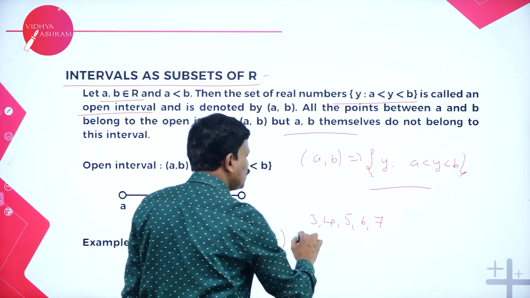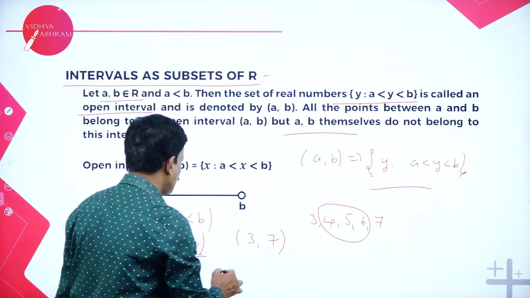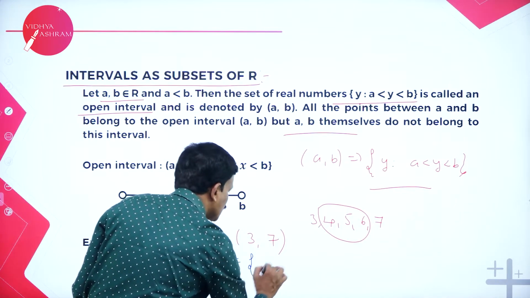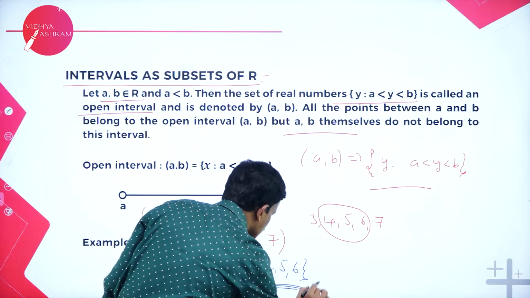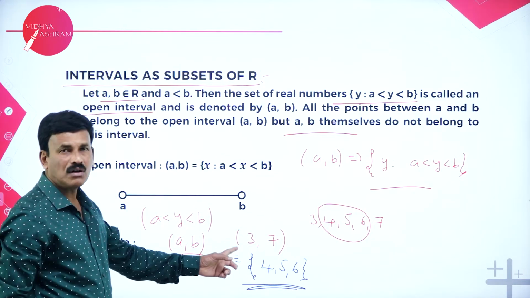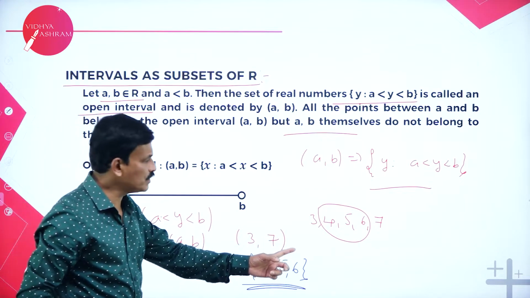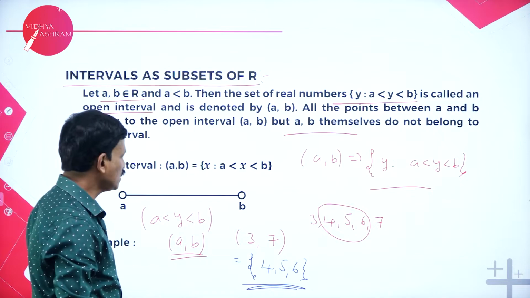So, in between 3 and 7 are 4, 5 and 6. The open interval (3, 7) is a set which contains 4, 5 and 6. That means all the values of x which lie between 3 and 7 on the set of real numbers.